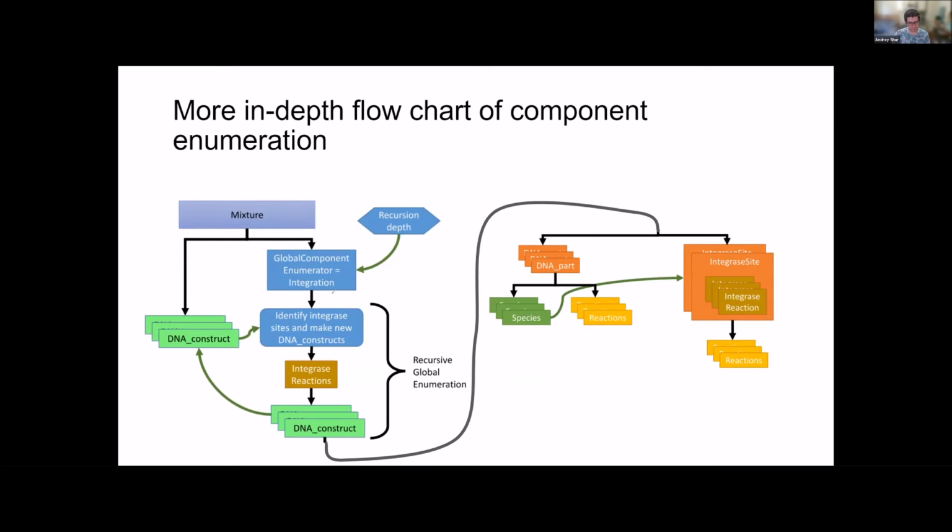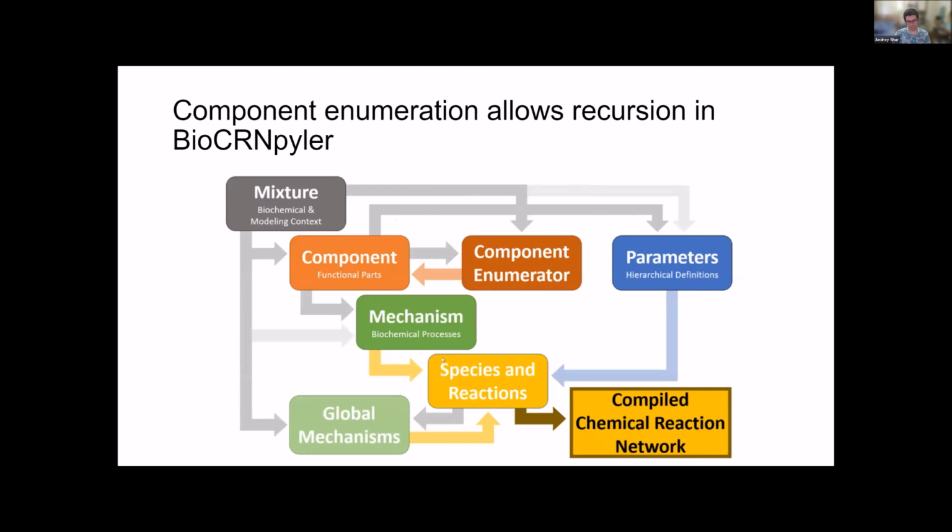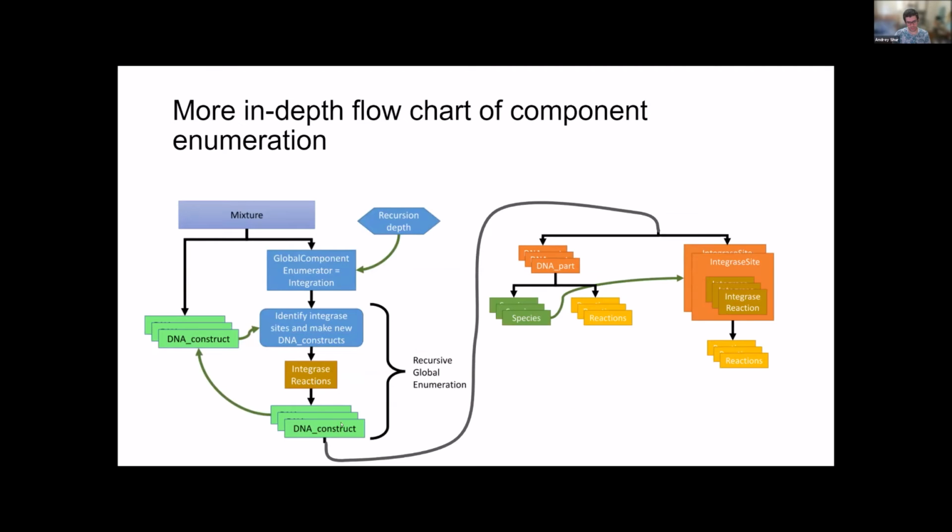Anyway, once you have a global component enumerator, it will be able to go through all the DNA constructs in your mixture and identify what new DNA constructs can be made. And that leads to, first of all, defining what is the nature of these different constructs that can be made, and also what reactions lead to them, what specific integrase recombination reactions are required, and that is something that gets put into the CRN at the end.